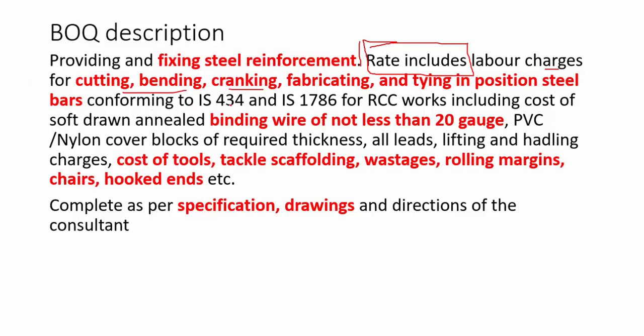Conforming to IS 432 and IS 1786 for RCC, including cost of soft, drawn, and heeled. So these are basically the standards for the steel bars. Binding wire not less than 20 gauge. So this binding wire is to join the steel bars, like stirrup to the lateral bars.